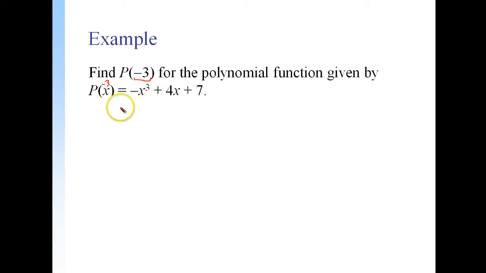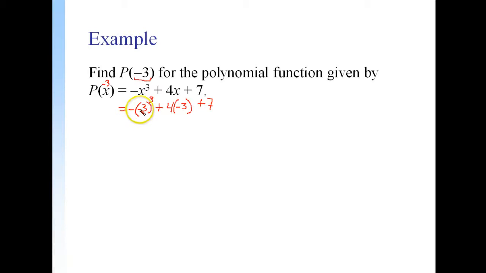So let's set it up. We put the negative, we put our parenthesis, and what we put for x is -3. Then we put our cube sign, then our 4, -3 plus 7. So now notice we have no more letters. We have substituted -3 wherever we have x. So now we're going to cube -3.